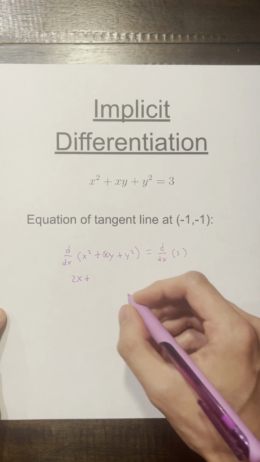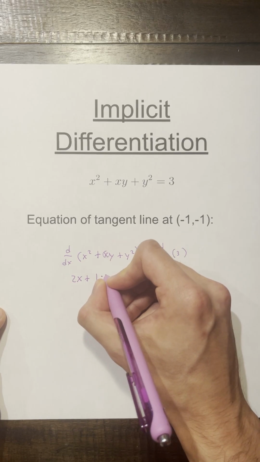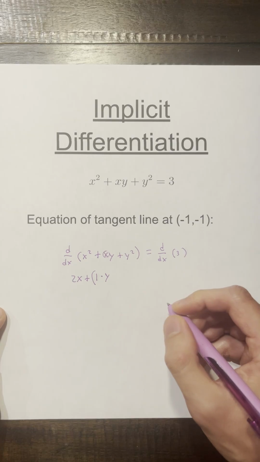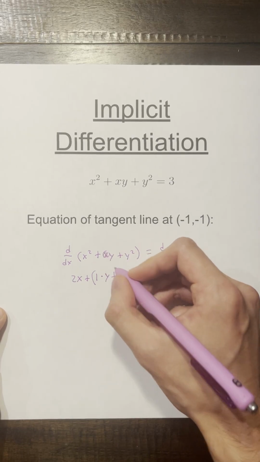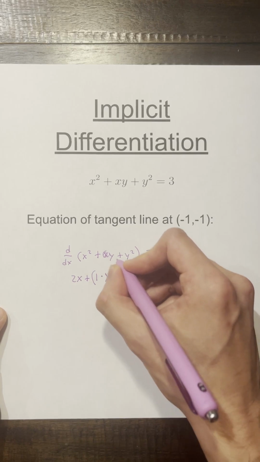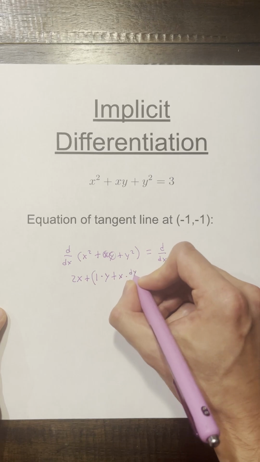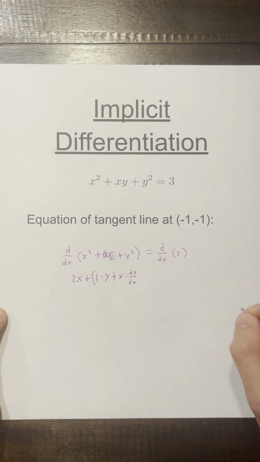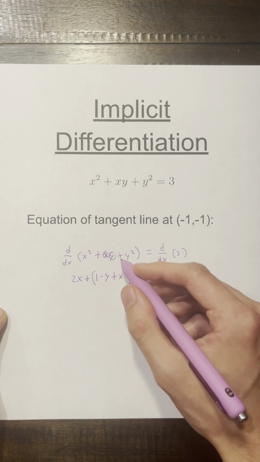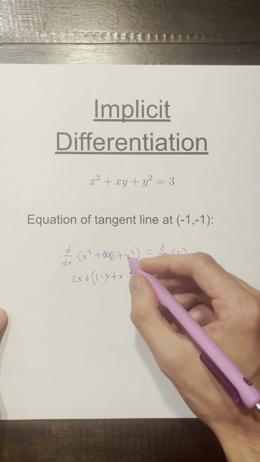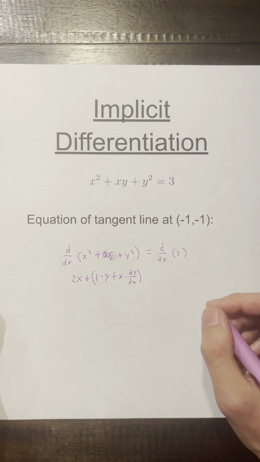So d dx of this is 1, and then it's going to be 1 times this, or I'll just put a parenthesis here, and then it's going to be plus this times d dx of this. Okay. Now we still have to add d dx of y squared. So what's that going to be equal to?